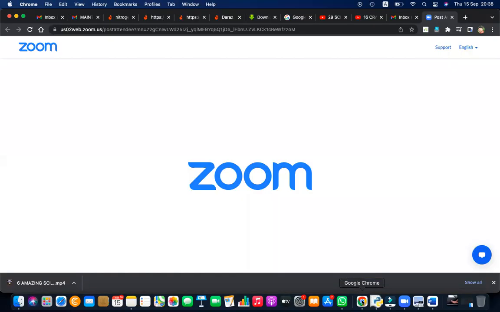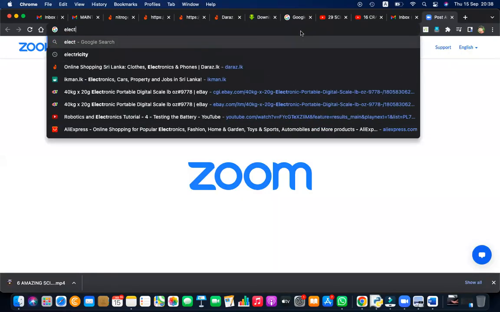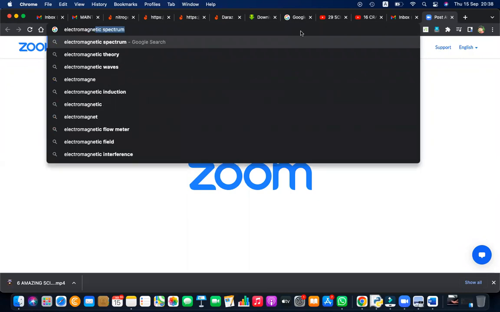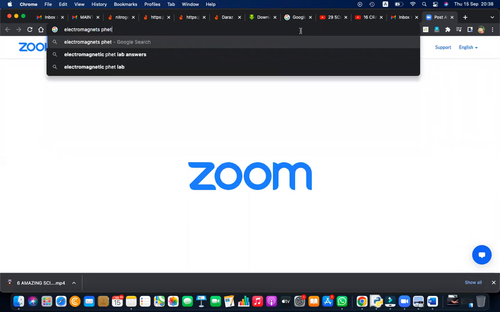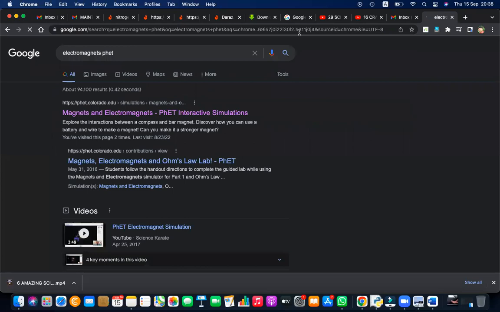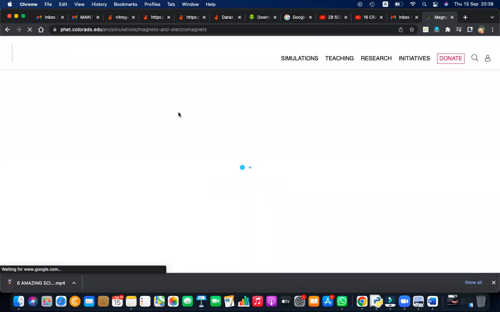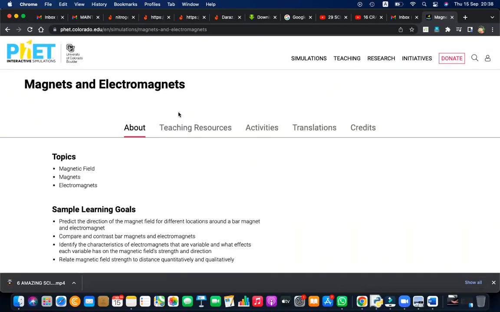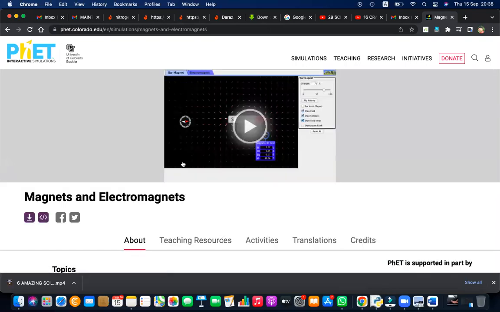experiment that virtually using our electromagnets. Okay, this is showing how magnets and electromagnets work in our virtual lab experiments.